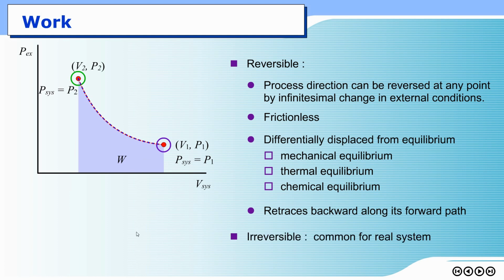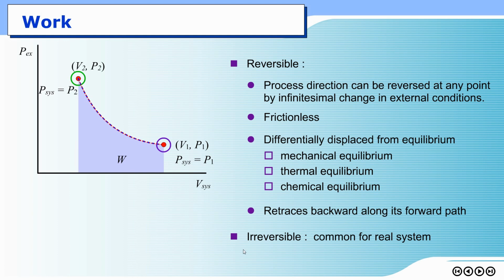But in real life, all processes are irreversible. Okay, this is very common. The irreversible process would be much more common. The reversible would be ideal. But in general, when we do calculations, mostly we cannot do the calculation of an irreversible process directly. So it would be easier to use the reversible process as the reference and then calculate the real process based on it.